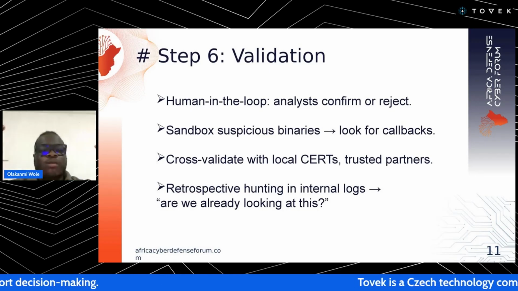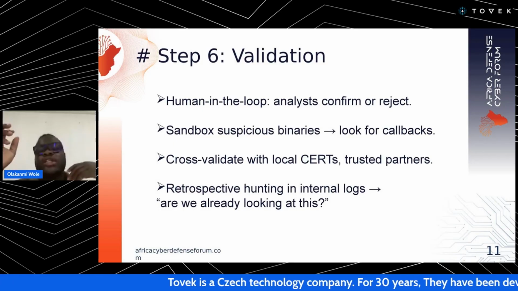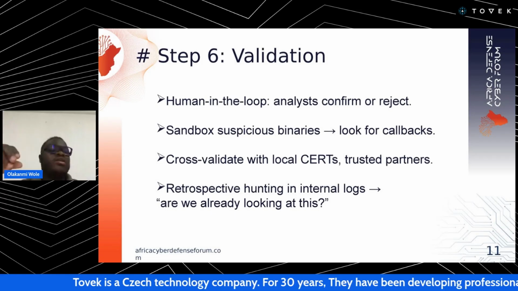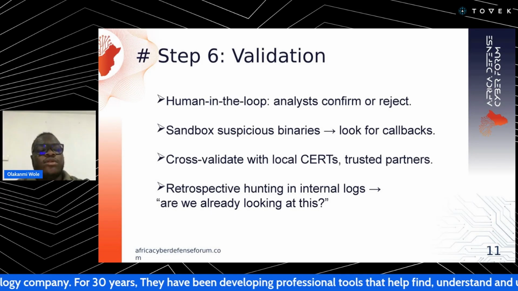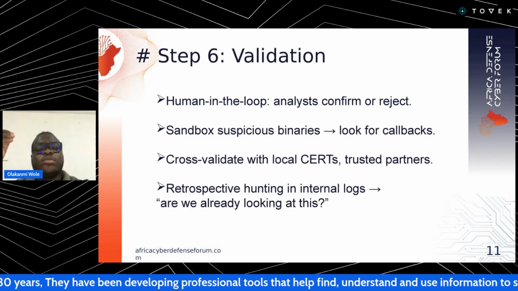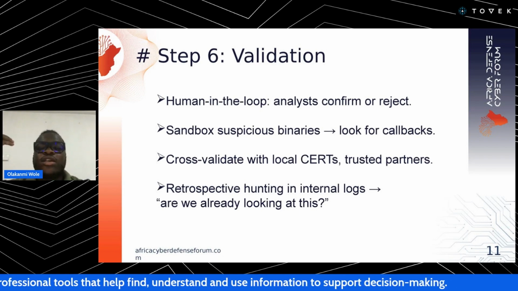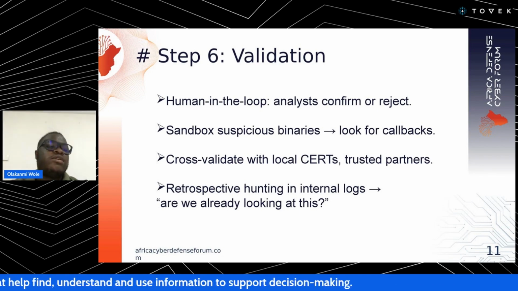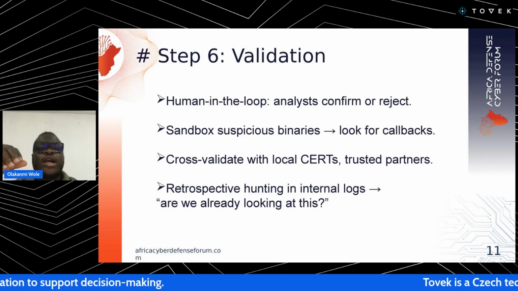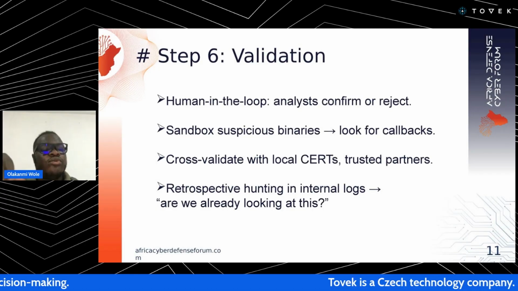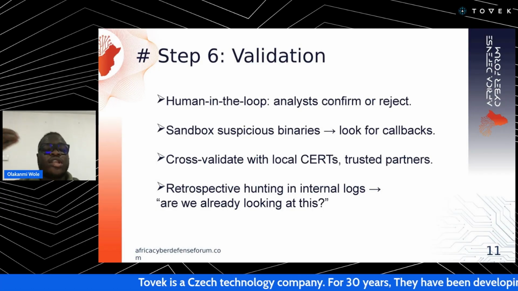But after we've been able to detect, we've been able to score, and we've adjusted our metrics, now we need to actually validate and say, look, these alerts that we've been able to get, how valid are they, right? Is this a confirmed false positive? Is it a confirmed true positive? And that can only be done by a human analyst reviewing the data the feed is providing us, right?